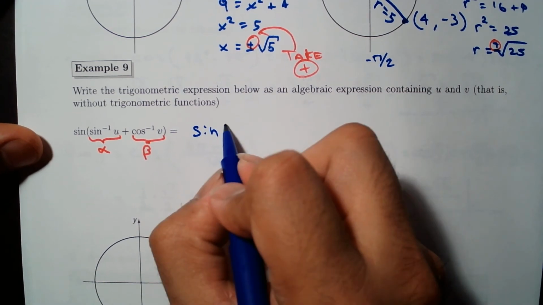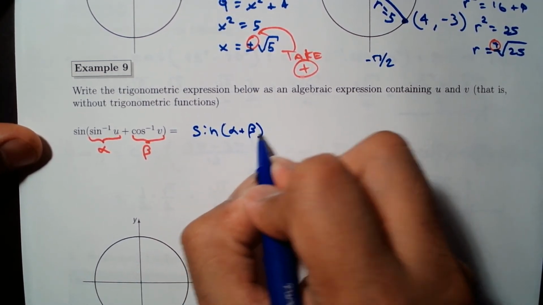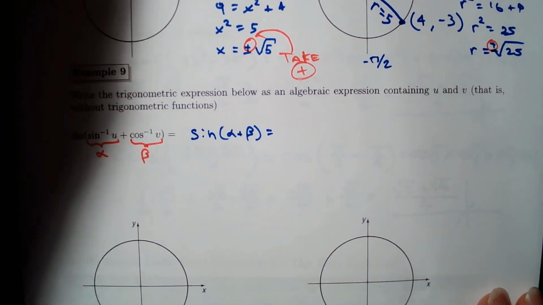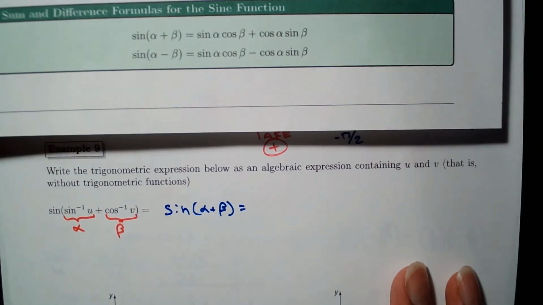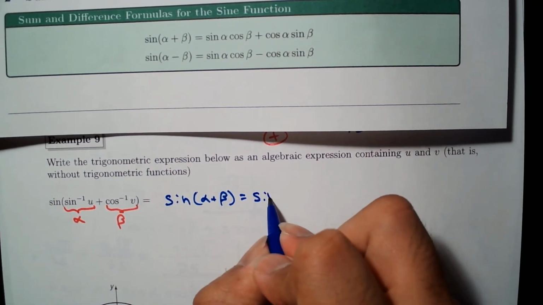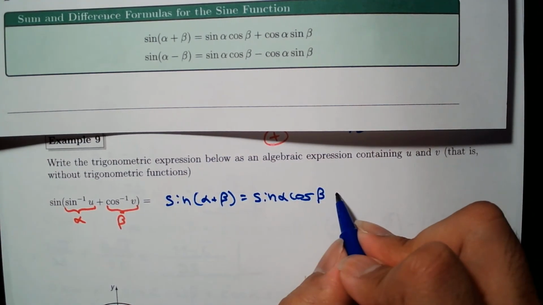Sine of alpha plus beta. Let's recall the formula for sine alpha plus beta. Well, where's my formula sheet? Where's that page? Oh, it's right here. Sine alpha cosine beta, and plus cosine alpha sine beta.